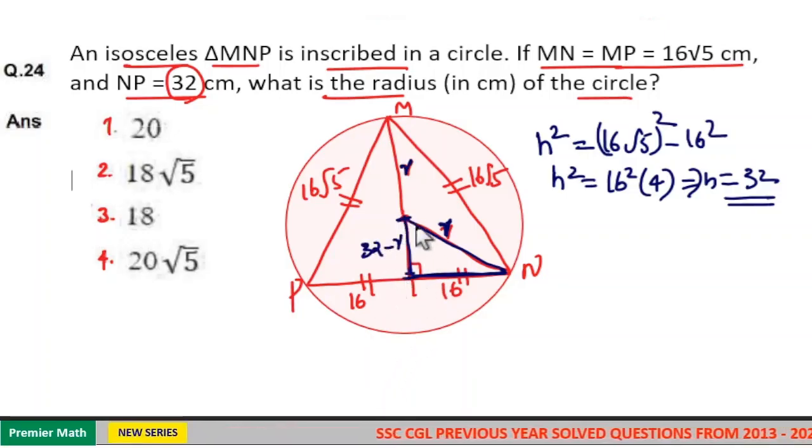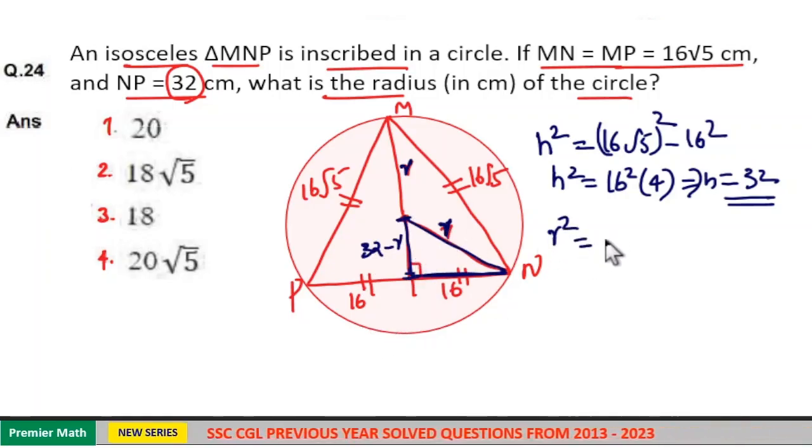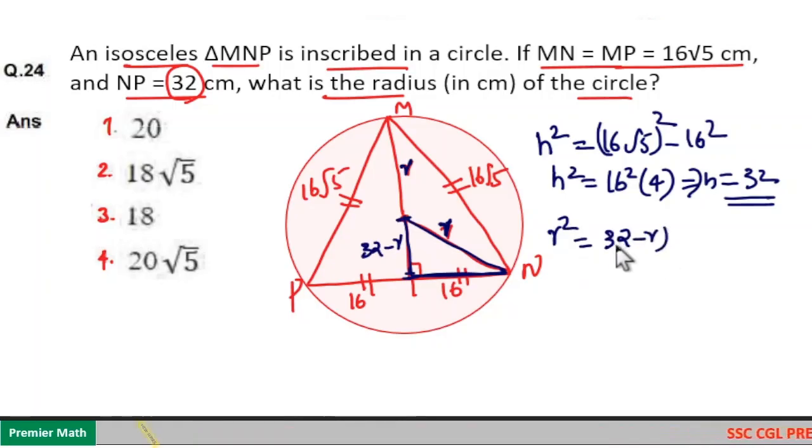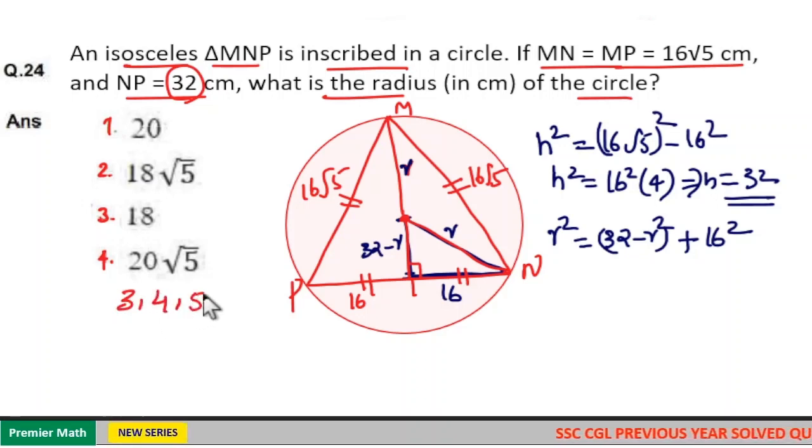Now from this smaller triangle you can see R square is equal to 32 minus R the whole square plus 16 square. This is 16. Now, before solving this, take the basic triplet, that is 3, 4, 5. 5 is hypotenuse. Now, multiply this with 4. 5 into 4, 20. 4 into 4, 16. 3 into 4, 12. That is 12, 16, 20 are another triplet. 20 is hypotenuse.